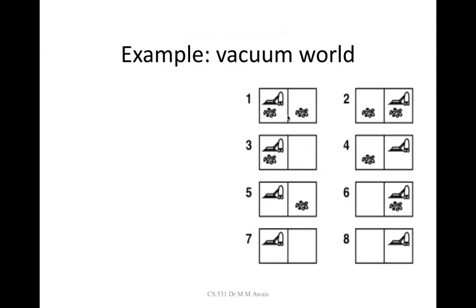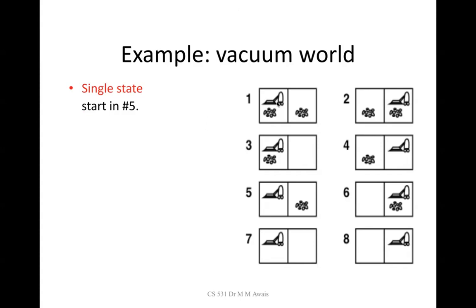The two rooms could be dirty, the two rooms could be clean, or one of those rooms could be clean and the other dirty. So let's say there are 8 possibilities. Beyond these eight possibilities, there can't be other possibilities.